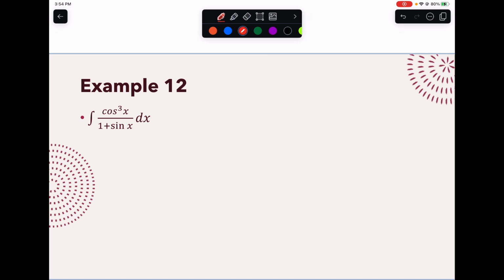We don't have an identity for cosine cube, but what we have is cosine squared x. So I'm going to change that into a product of cosine squared and cosine x, which is equivalent to cosine cube, over 1 plus sine x dx.